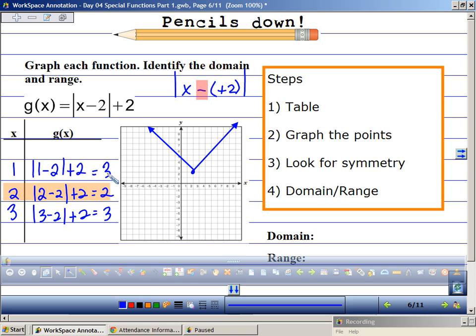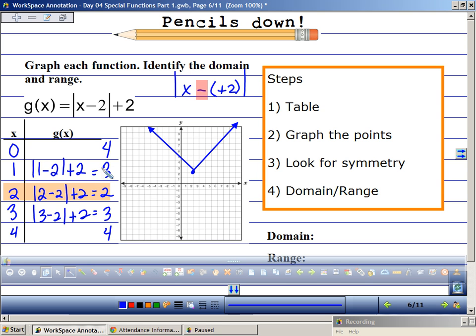Is that going to be 3? Absolute value of 1 minus 2 is negative 1. The absolute value of negative 1 is 1. 1 plus 2 is 3. Going in this direction, 4. What would this one be? 2, 1, 0. What do you think this is going to be? 4.